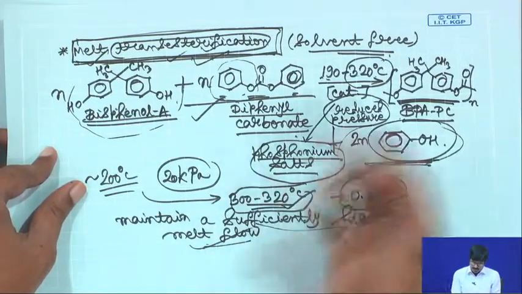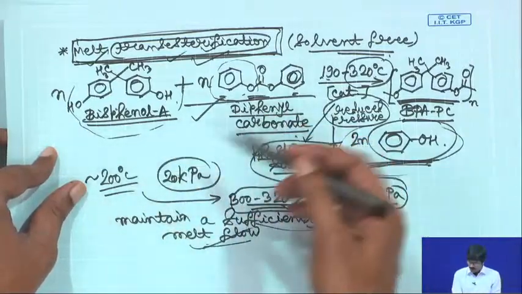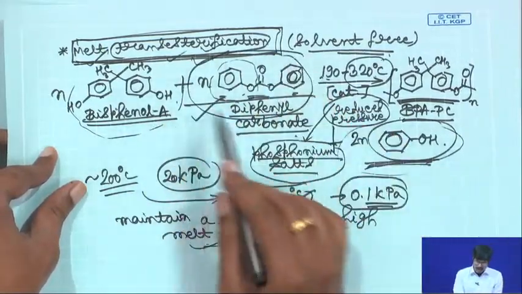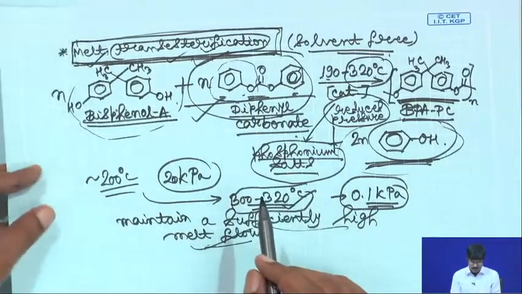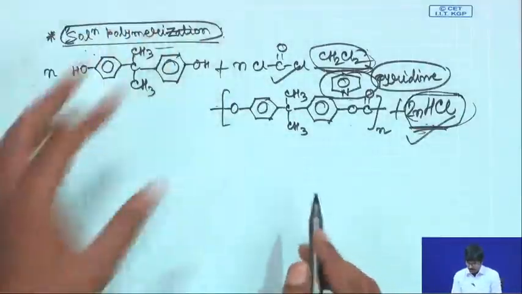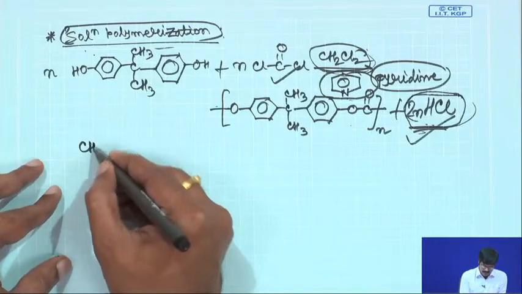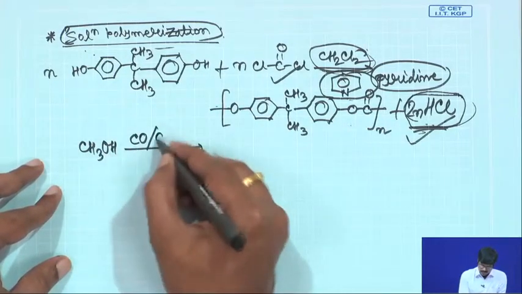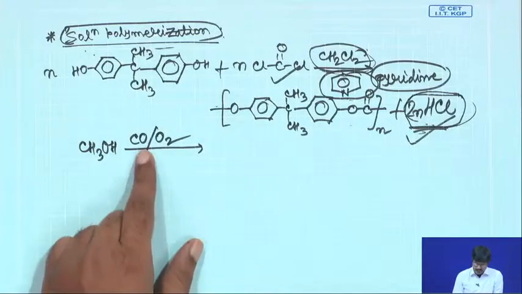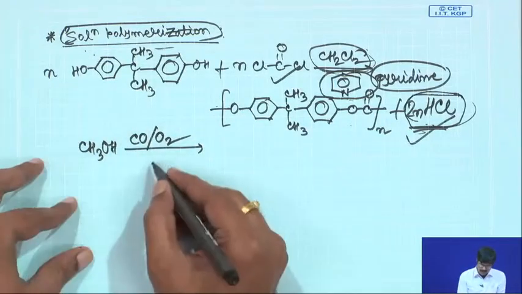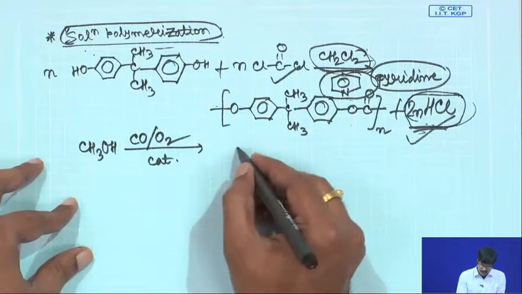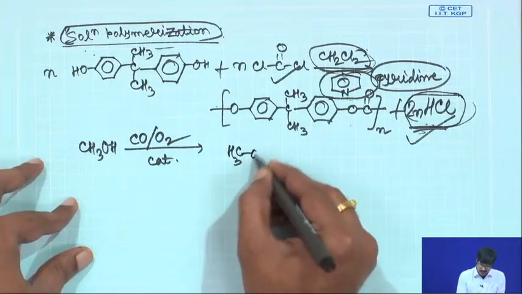And also as I told you, this is a phosgene free process, and preparing diphenyl carbonate is also a fairly straightforward process. So, basically you start with methanol and you react with carbon monoxide and oxygen mixture in presence of some catalyst, and then what you have is dimethyl carbonate.